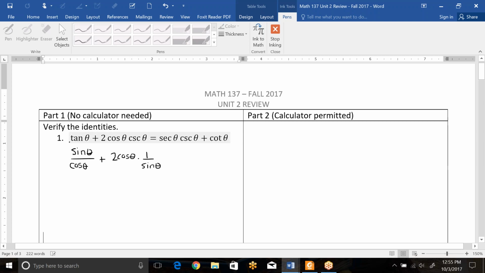Okay, so this would be me just looking at this first side. Remember, we don't do anything with the other side. We're going to try to make that look like the other side, though, so maybe we want to get a common denominator. So we'll multiply this side by sine on top and bottom. And on this one, we'll have to multiply top and bottom by cosine.